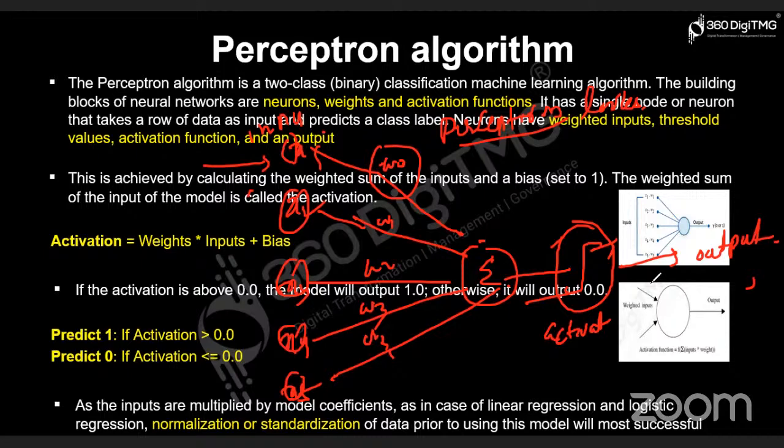And when it comes to weights and bias, whatever weight we are assigning, that particular input should be correlated with the output. Weight parameters represent the strength of the connection between the units.